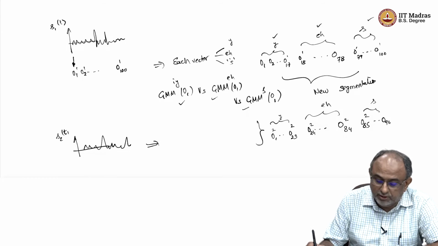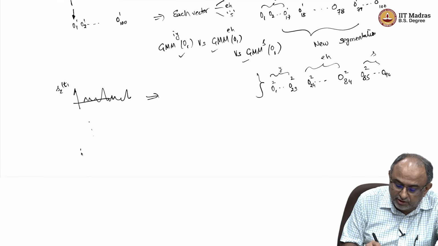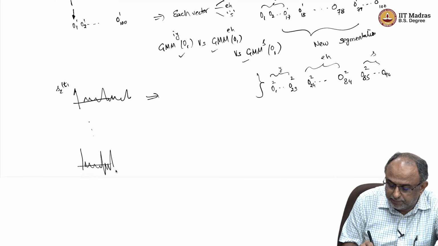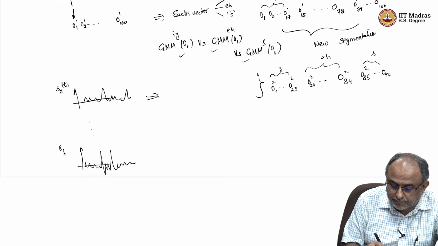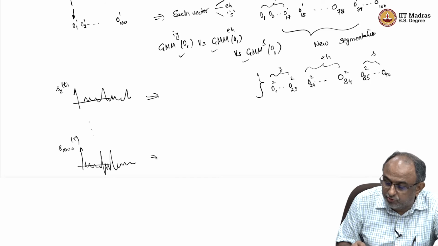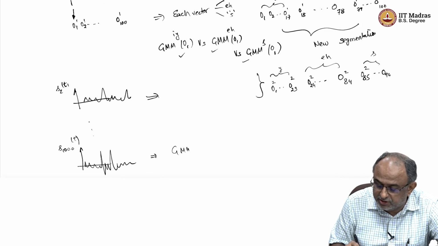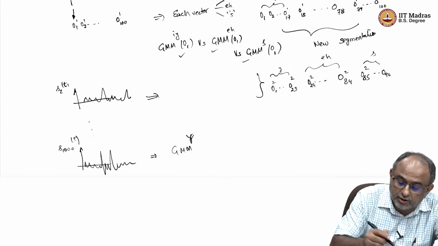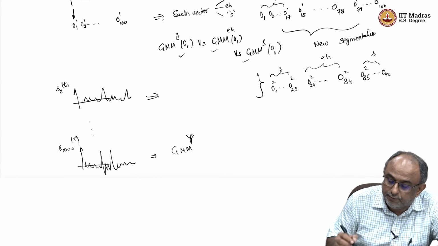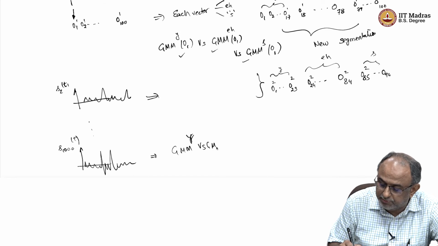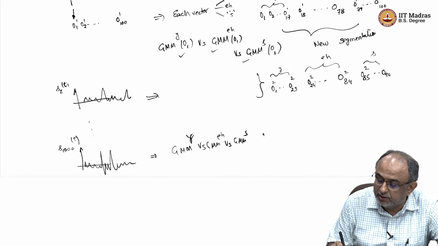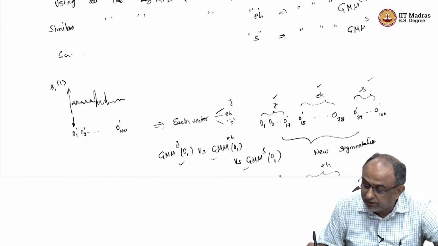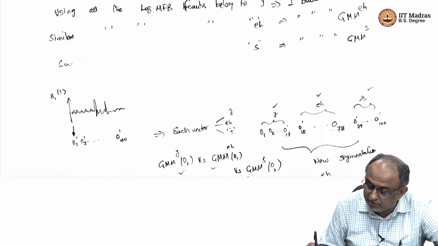Similarly, I am going to do it for the 1000th one also. I am going to use the same idea: again I will compare the GMM Y versus GMM EH versus GMM S. And here, how many were there in the 1000th one? There are only 76.